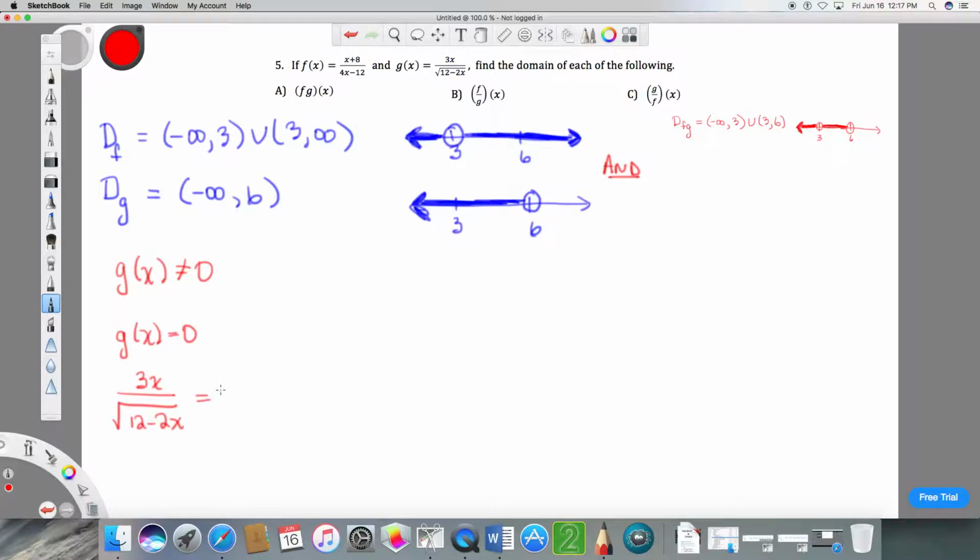So if a fraction reduces to 0, it's not because the denominator can never be 0. It's because the numerator might be 0, and in this case, if x is equal to 0, the numerator is 0, and this fraction reduces to 0. So what this tells us is that g evaluated at 0 is 0.